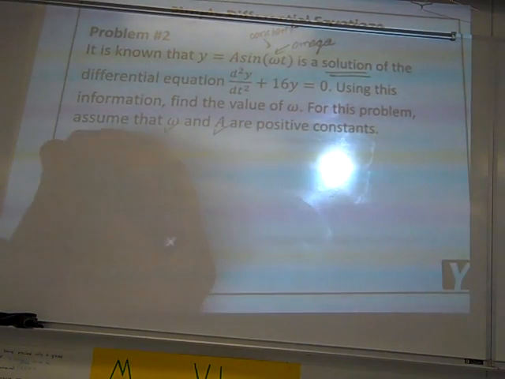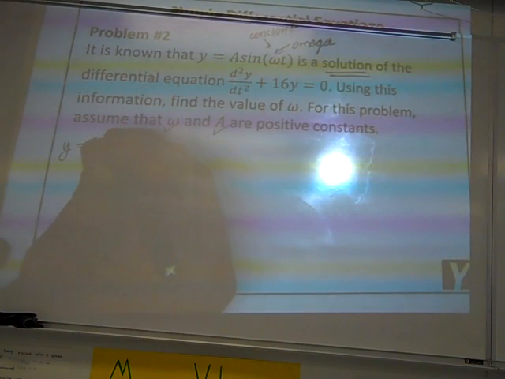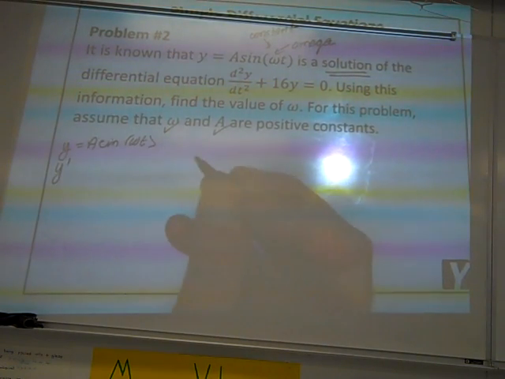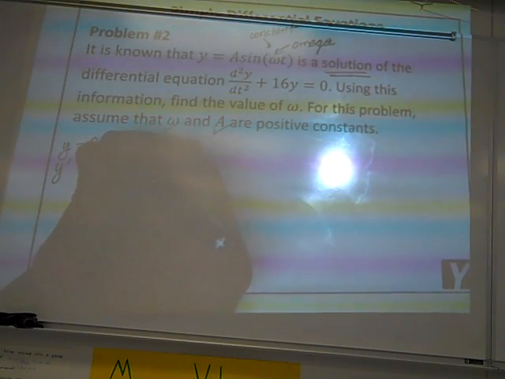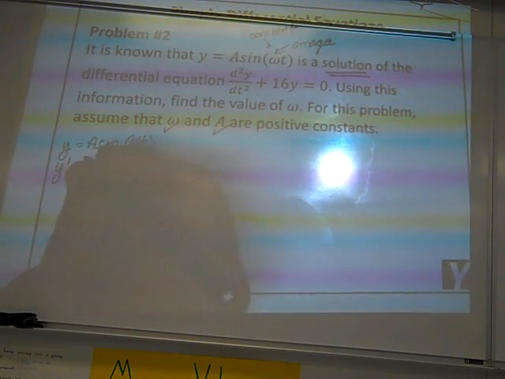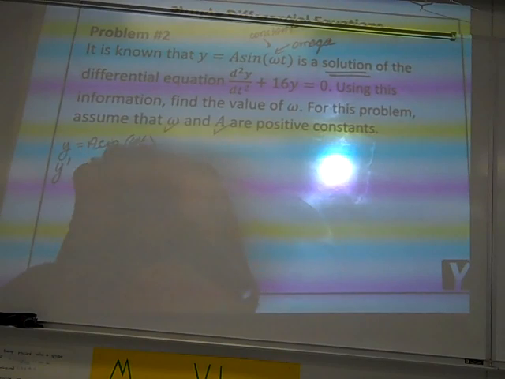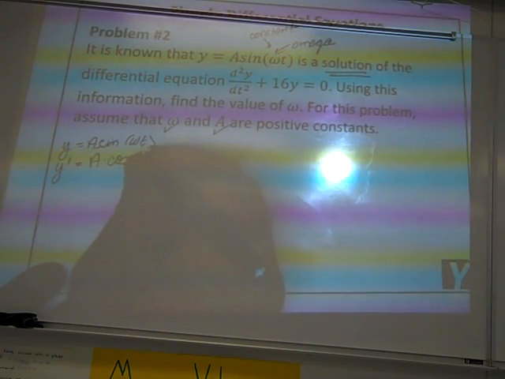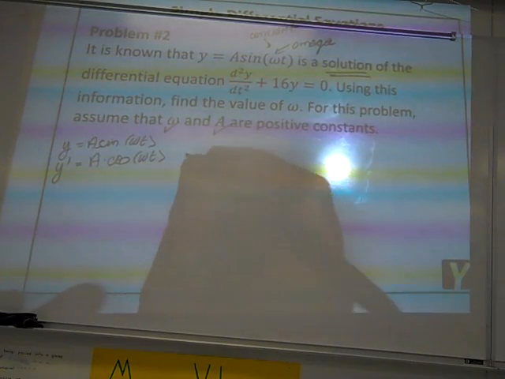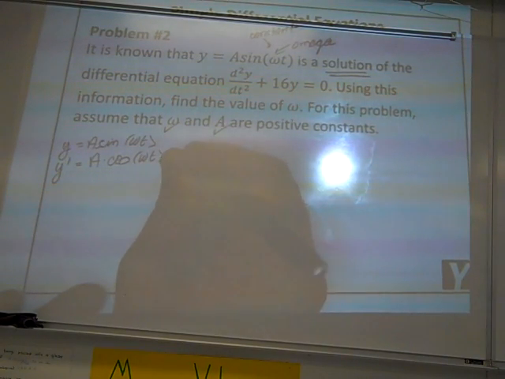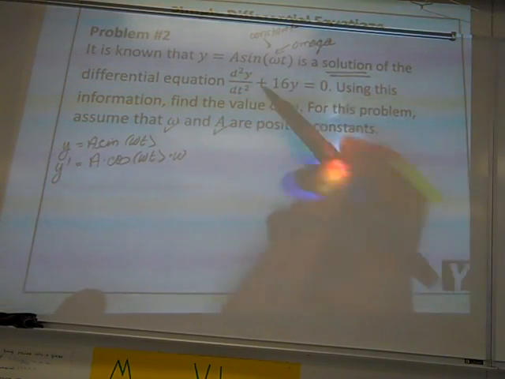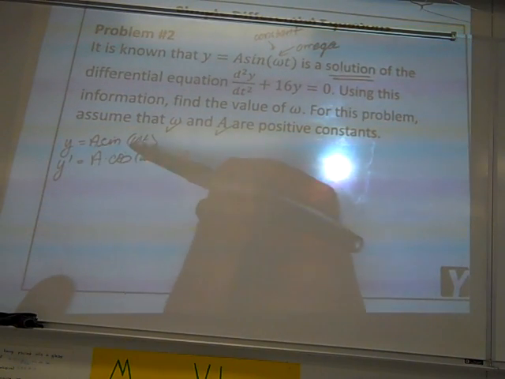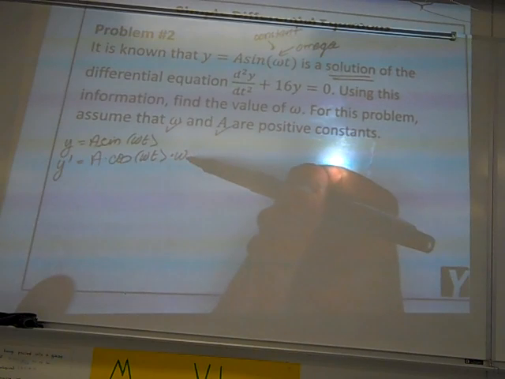So let's see. If y equals a sine omega t, and I take the first derivative, since a is a constant, I don't need a product rule, and we know from derivatives that y prime should be a times the cosine of omega t, careful, don't finish it yet, times omega. Because what did we just do? We did the chain rule. The derivative of sine omega t is cosine omega t times omega.